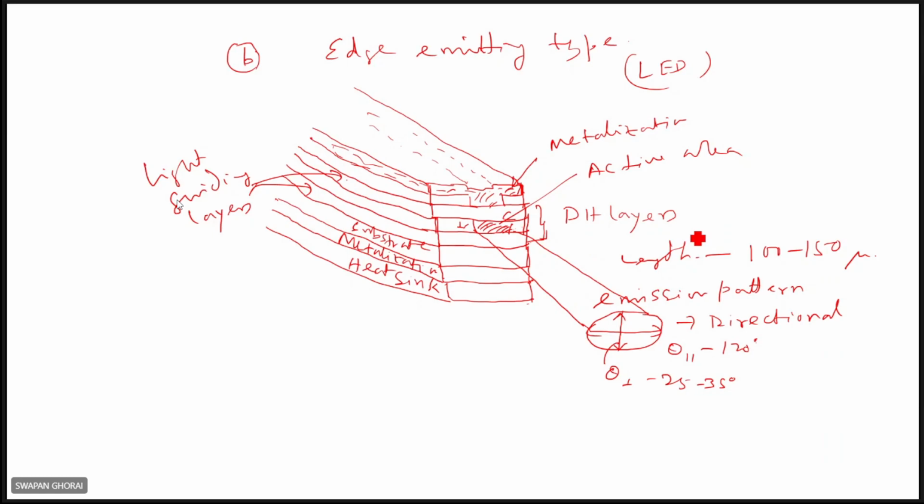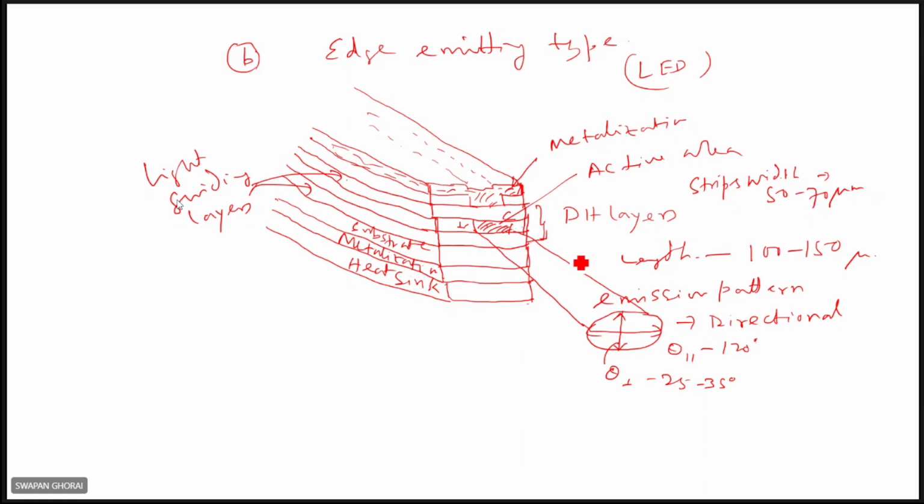I mean the stripe width is around 50 to 70 microns. It is almost compatible with the fiber core diameters, right?